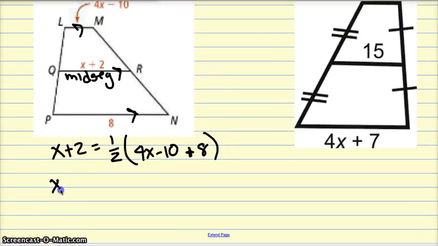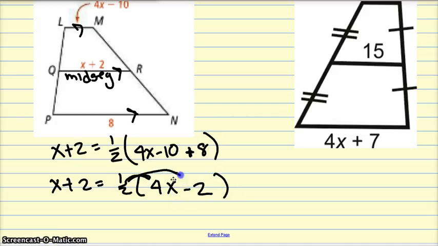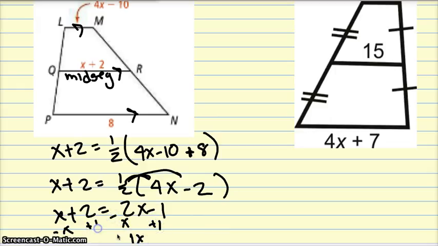Let's go ahead and combine like terms before we distribute. So I have 1/2 times 4x minus 2. Now I'll go ahead and distribute. X plus 2 equals 2x minus 1. I'm going to subtract the x from both sides. So this is 1x. Add this one over here. X equals 3.